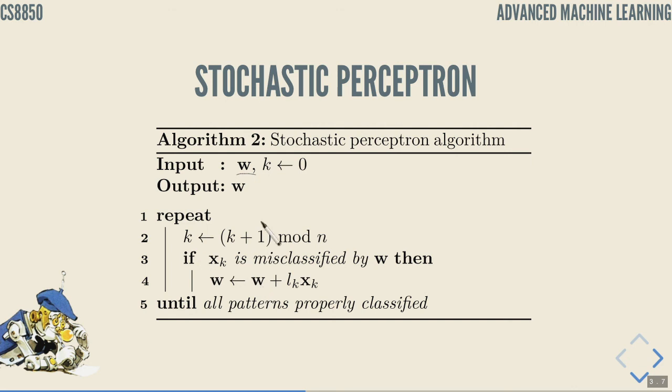Then we keep going through our data set one by one, linearly, touching each point and checking if it's misclassified by W. That is, if L_k times W transpose X_k is less than 0, then we adjust W by the L_k X_k product, so label times the actual data sample, and we do that until all patterns are properly classified.